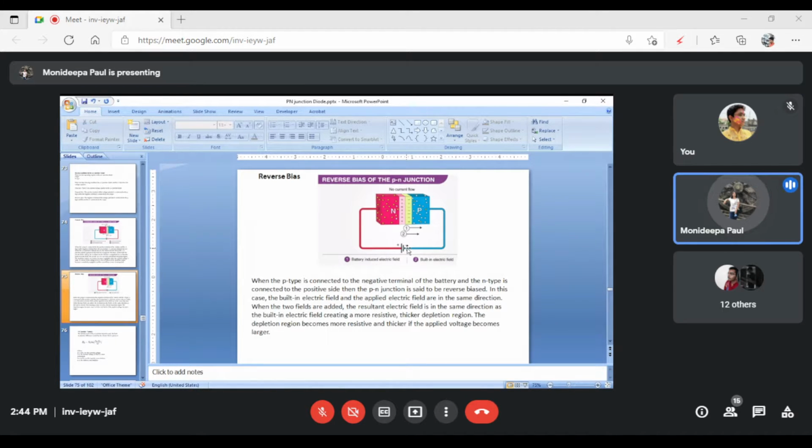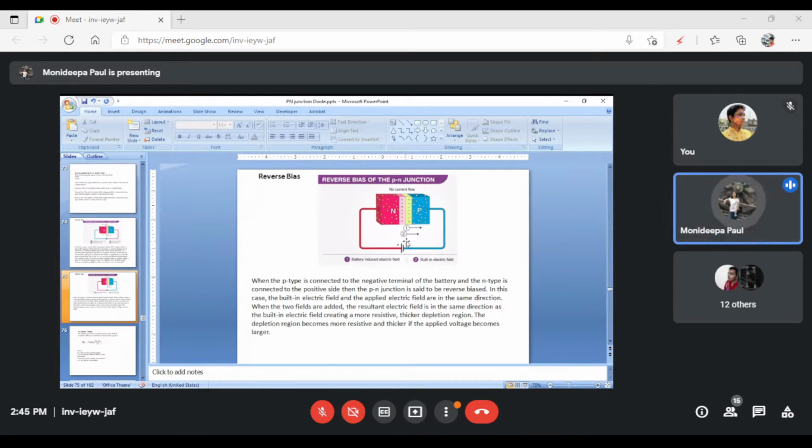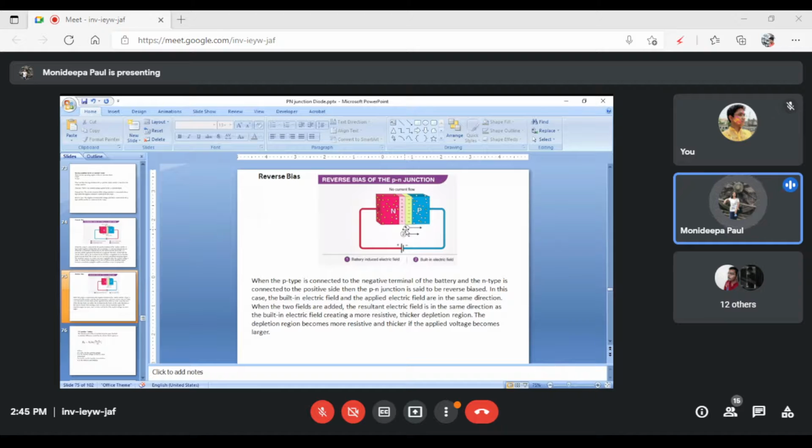Reverse bias means the negative terminal is connected to the N side and the positive terminal to the P side, and the resultant voltage is the summation of the voltage of the supply and the voltage of the depletion region. So the resultant voltage is large compared to the voltage developed inside the depletion region.